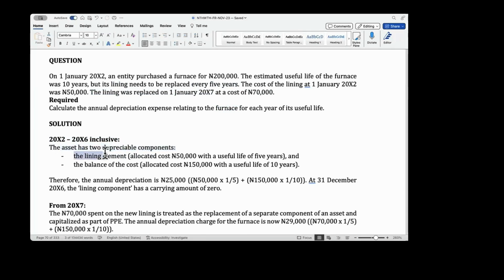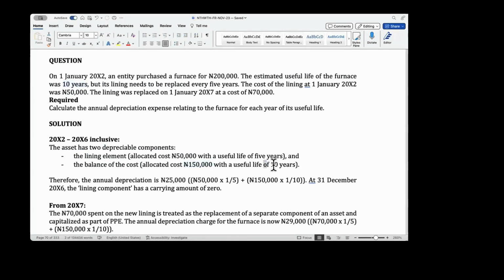The first one is the lining component, which is 50,000 and is replaced every 5 years. That means the cost of the lining component, 50,000, has a useful life of 5 years. Another depreciable component is the balance of the cost. If you remove 50,000 from this 200,000, you are left with 150,000, which will be depreciated over 10 years.